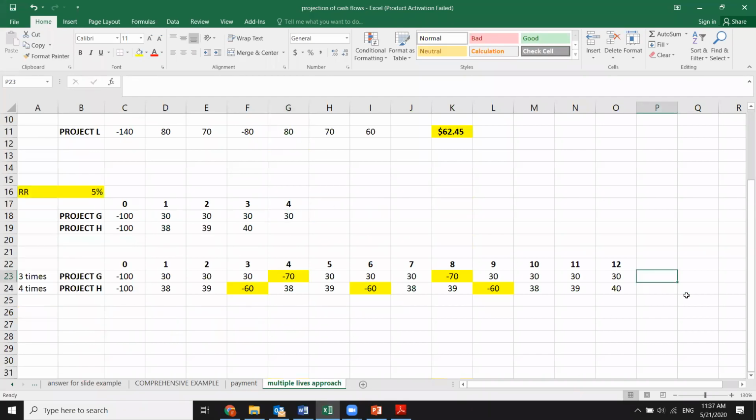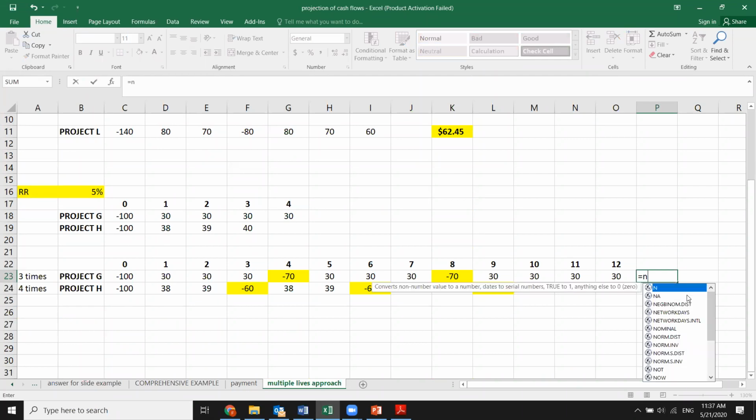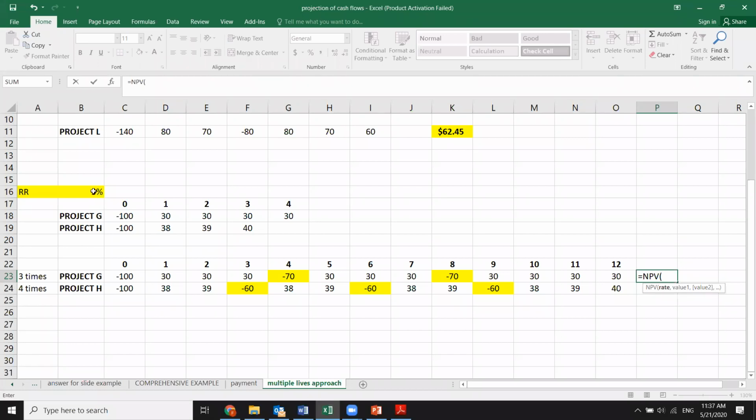Now we can calculate the NPV. NPV, we put the rate, 5%, and we take into consideration all the cash flows. Let me close the bracket, plus investment cost.